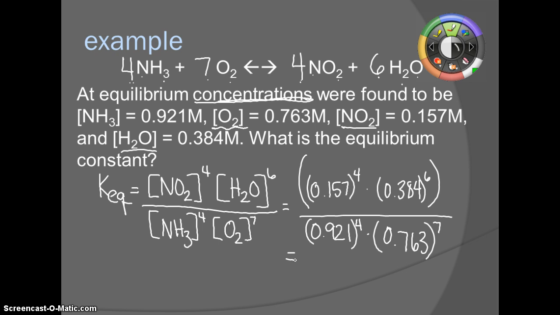Hopefully I've typed this in correctly. We need 3 sig figs, so you should get 1.80 times 10 to the negative 5th, and this is going to be unitless. So this would not be an equation where your products are favorable, because it is less than 1.